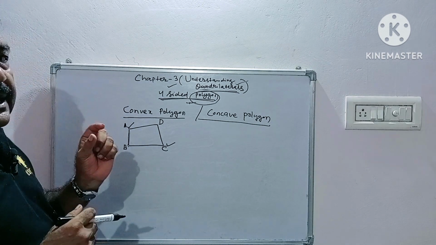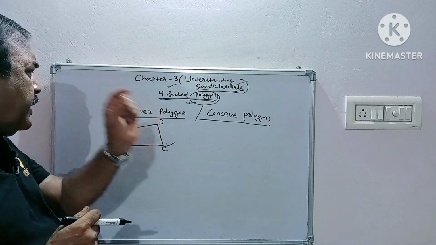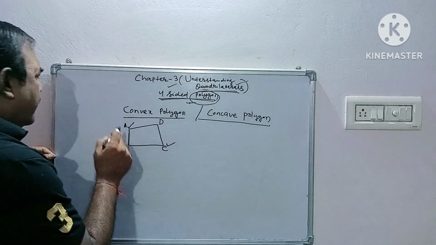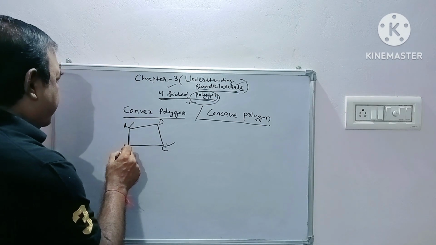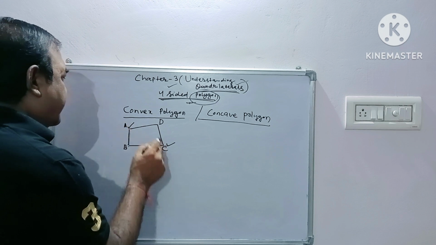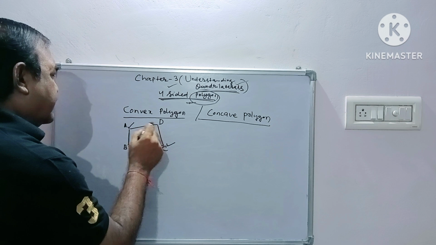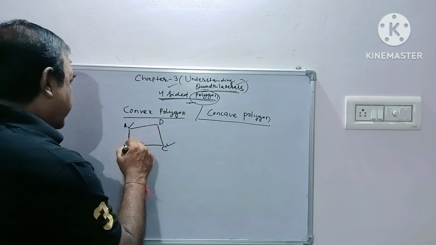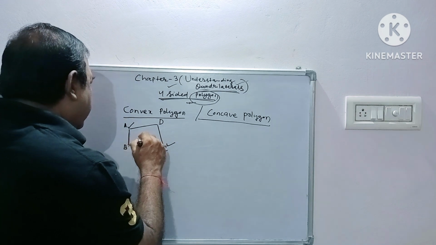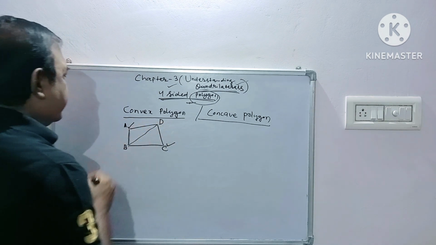But the line segment joining two non-consecutive points becomes the diagonal. You see, for the point B, this is one consecutive point, this is the other consecutive point, but the point D is not a consecutive point. With the help of the ruler, just connect this line segment.